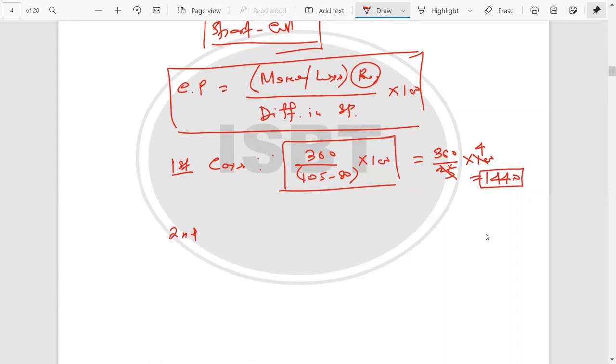In the second case, exactly 360 rupees less, divided by the difference between selling prices.